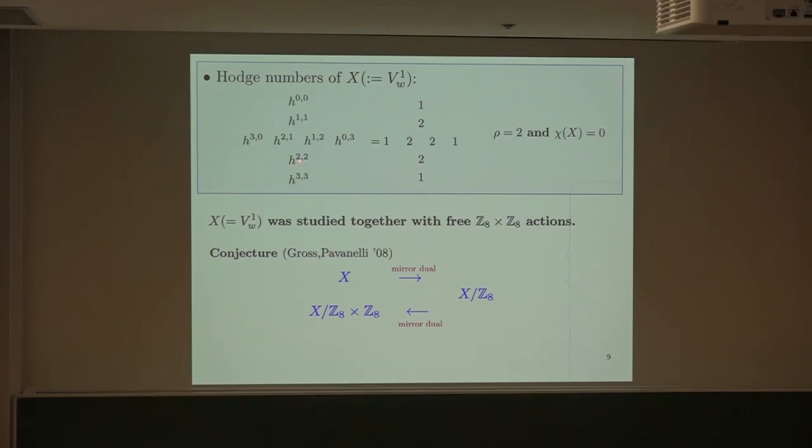As I said, after small resolution, this Calabi-Yau admits a free action of Z8 cross Z8, and then taking a free quotient, we will have a smooth Calabi-Yau with fundamental group Z8 cross Z8. I think this Z8 cross Z8 is still the largest order of a non-trivial fundamental group, so this Calabi-Yau is still interesting.